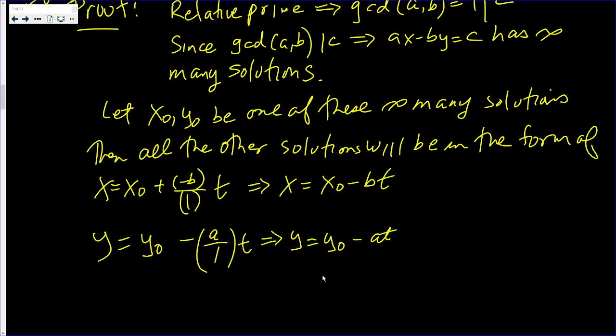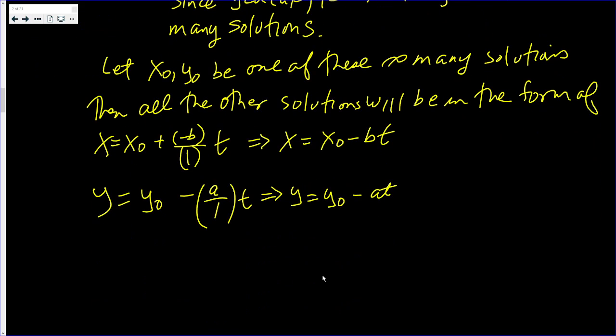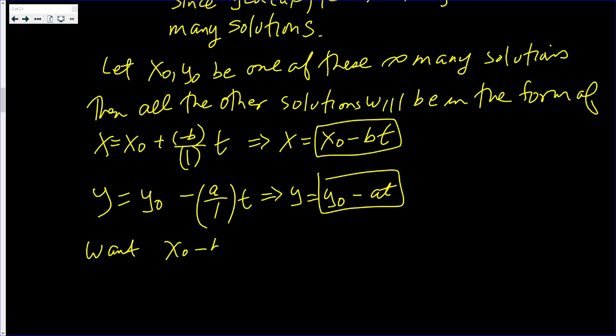Okay. Now, we want infinitely many solutions, so we want both of these to be positive. We want x0 minus bt to be positive, and we want y0 minus at to be positive.